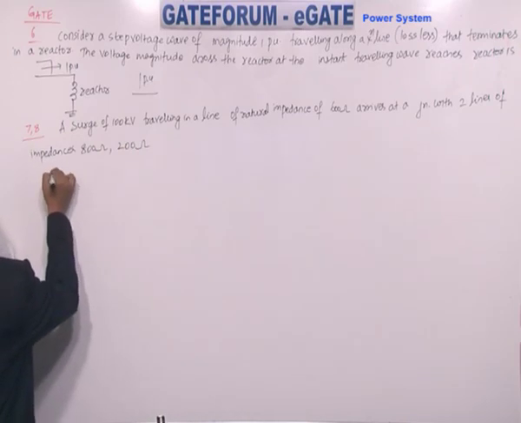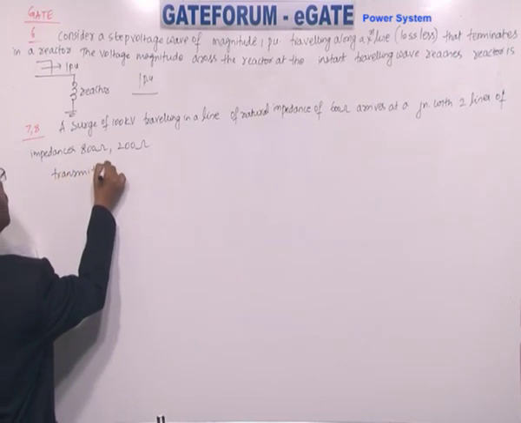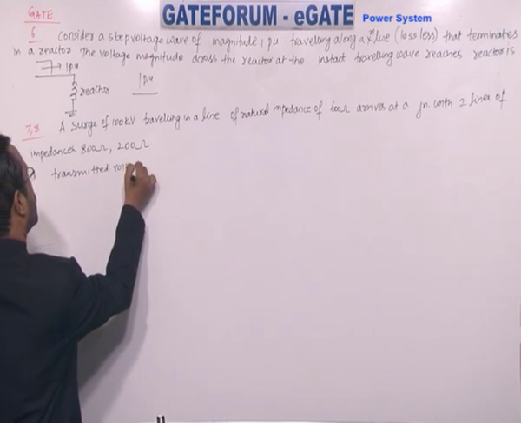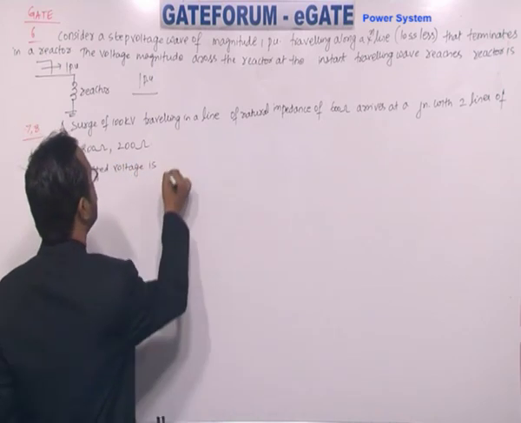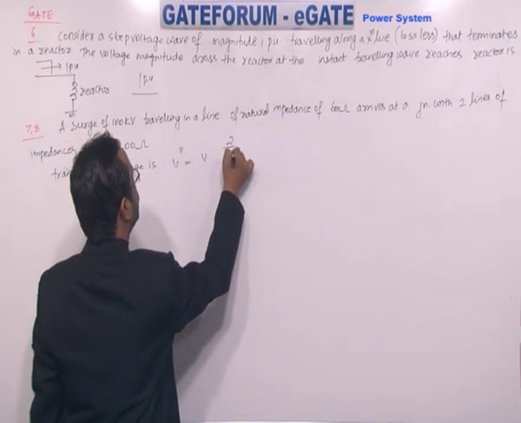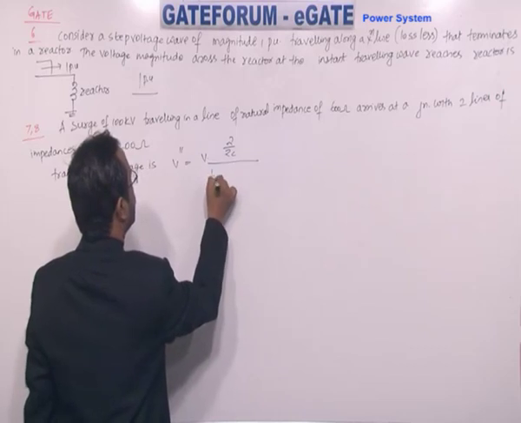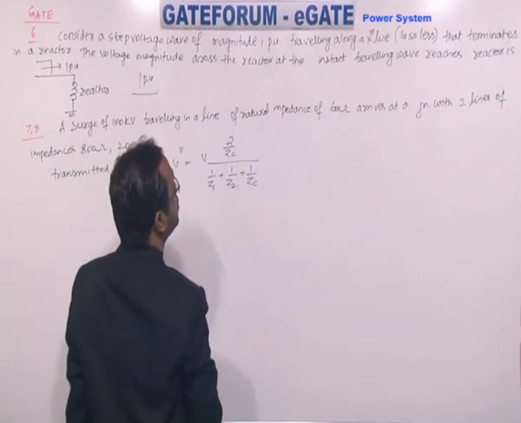First part of the question is transmitted voltage. So how to find V double dash? V double dash equals V into 2 by ZC, divided by 1 by Z1, 1 by Z2, 1 by ZC.